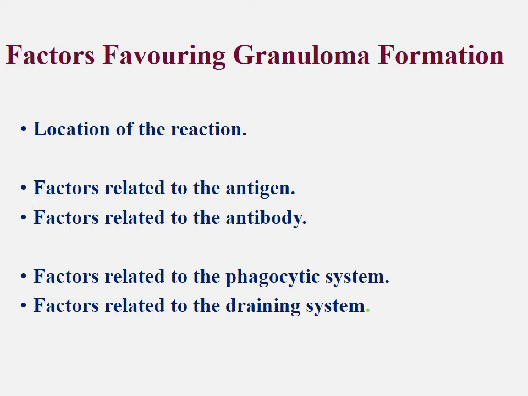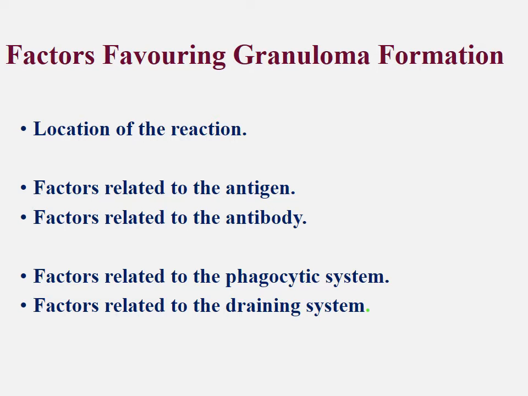So why does granuloma sometimes happen? There are factors that favor granuloma formation. Number one, the location of the reaction. In areas where lymphatic drainage is weak, is slow, is not very active, reactants tend to accumulate.